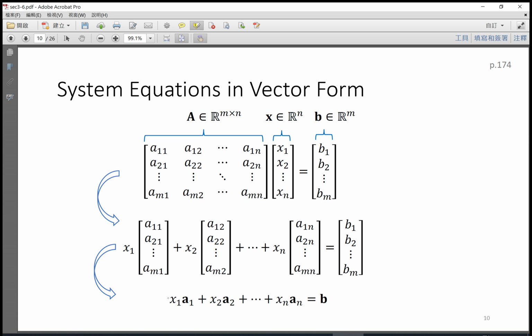Given the linear equation in vector form, we can then discuss the solvability of the linear equation from this expression.